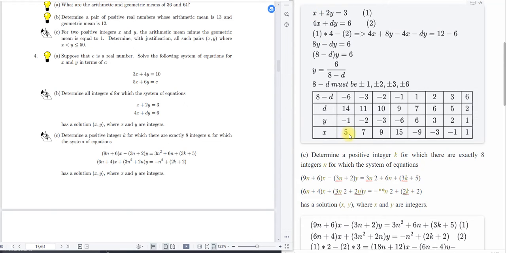And we do all the possible values of 8 minus d, and we get all the x and all the y. They are integers. So there are 8 values of d. They are 2, 5, 6, 7, 9, 10, 11, 14.